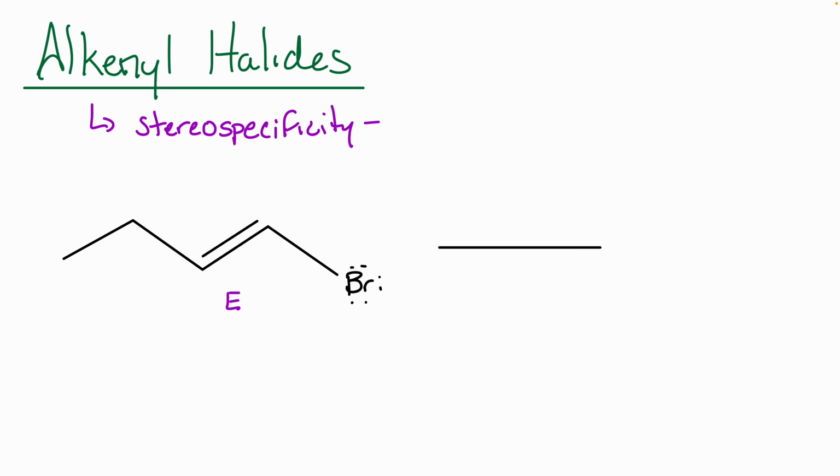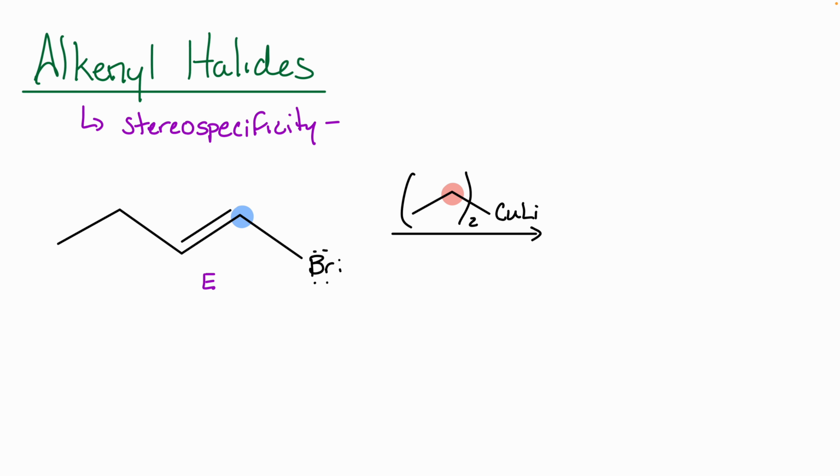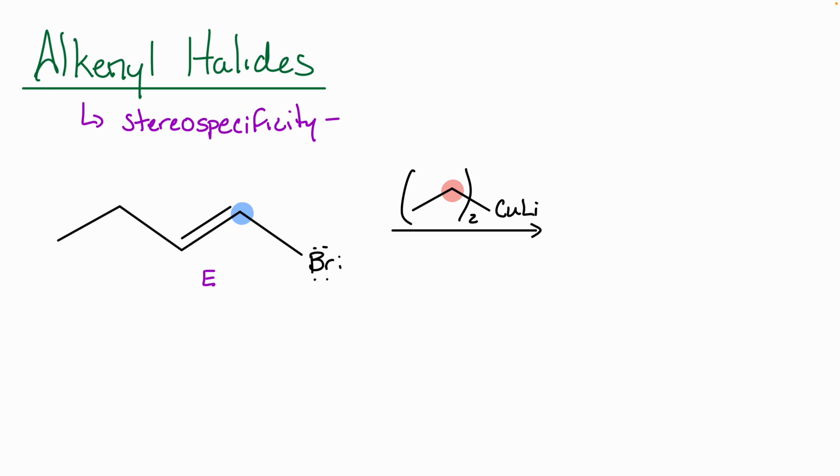All right, if I'm going to hit them with a Gilman reagent, just going to do a 2-carbon Gilman here. I'm going to have my new bond between my nucleophilic carbon and my electrophilic carbon. But importantly, that new bond is going to be pointed on the same side as to where my halogen is.